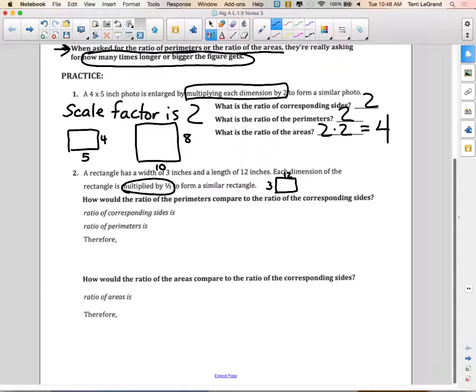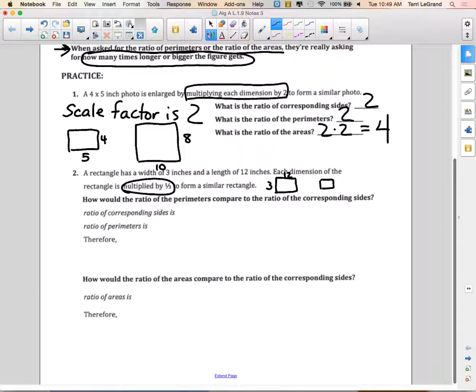So if our scale factor is 1/3, would our new rectangle be larger than this one or smaller? Smaller. Better be smaller, huh? Okay, so we need a smaller rectangle. Remember, multiplying by 1/3 is really the same as dividing by 3.